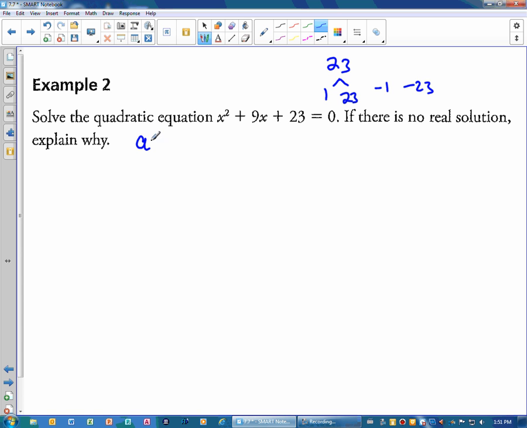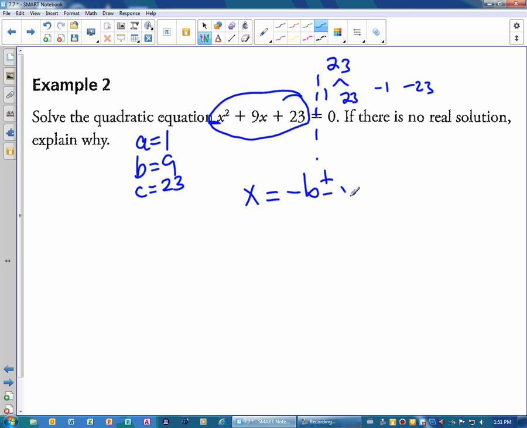So a this time, there's no number in front of the x squared. Hopefully you're thinking it's a 1. B is 9. C is 23. And everything's good because I have all the numbers on one side of the equation and 0 on the other. Okay, quadratic formula.